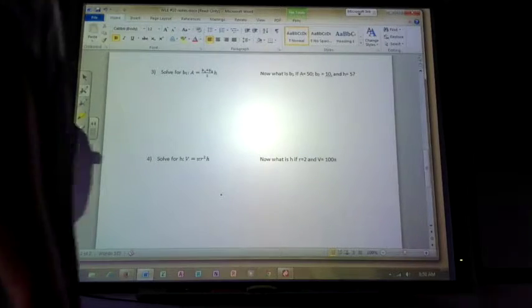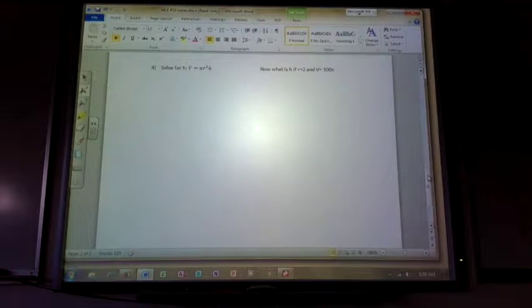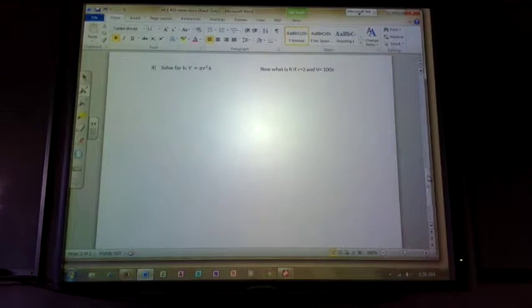I understand. All right. Here we go. That's the last one. Solve for h. So pi r squared and h are all being held together by what property? Multiplication. So if I wanted to solve for h, what would I have to divide both sides by in order to get h all alone?